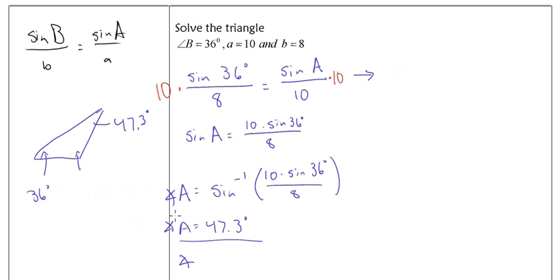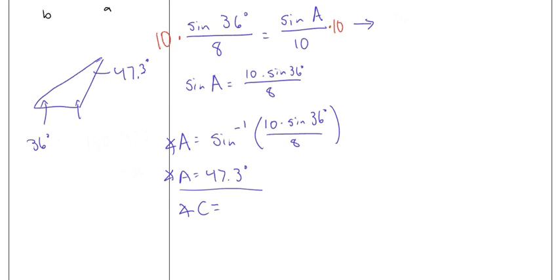So angle C is equal to 180 minus 36 degrees plus 47.3 degrees, meaning that angle C is equal to, we said, 96.7.